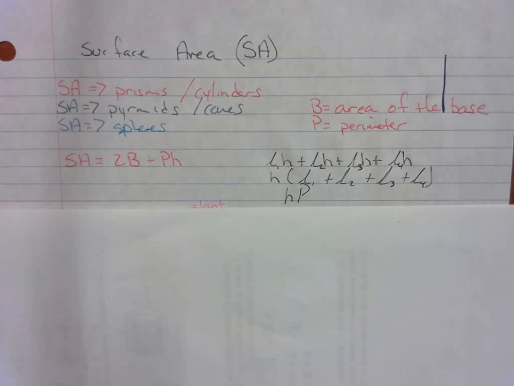Do you paint the top? There is no top. So because this is a cylinder, you're using this formula, but they're only asking for this outside piece, which means you're not doing that, you're only doing the P times H. Does that make sense? Pay attention to the shape that they give you. Pay attention to what they're asking you to do.